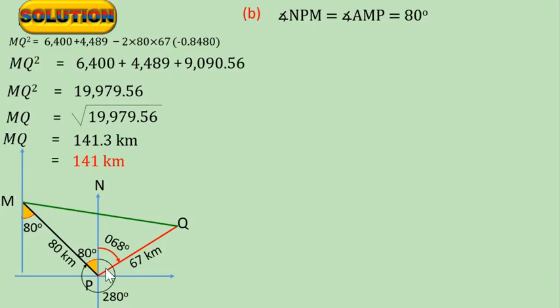What's our reason? Remember, alternate angles are equal. So that's 2 angles are equal because they are alternate angles.